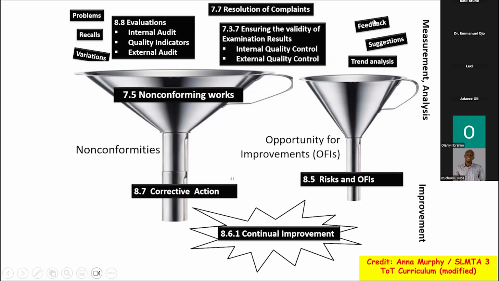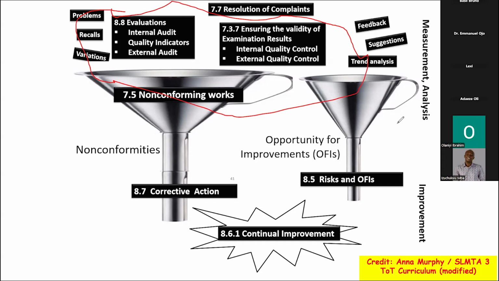So you also get feedback from customers, suggestions, and all of this also feed into another funnel of opportunities for improvement. You do your risk assessment. When all of these are done, it is targeted towards improvement. So if you look at this whole structure here, from all of this, we are looking at measurements and analysis, use of quality indicator.